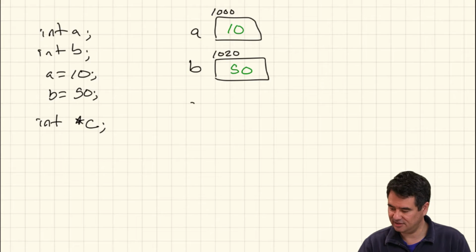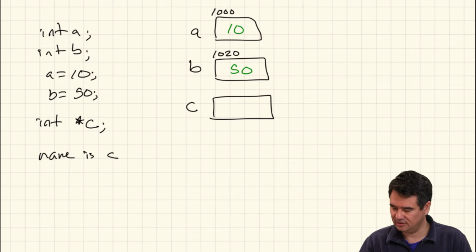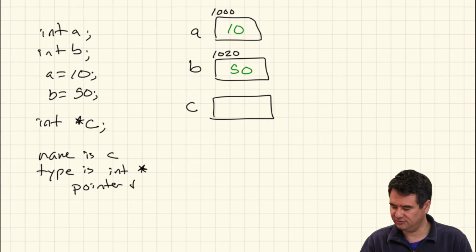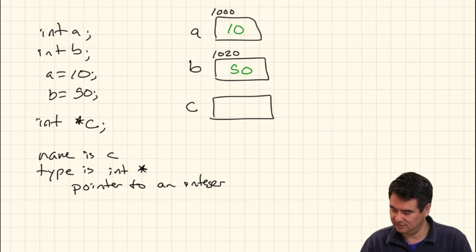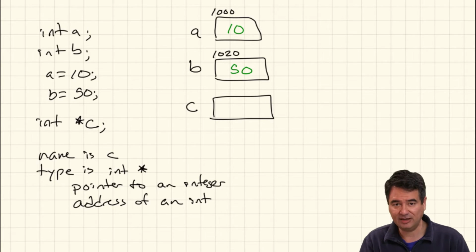And that means that the name of the variable is C, but the type is not int, but int pointer, which means pointer to an integer, or it could mean address of an integer. It could also mean a reference to an integer. There's a whole bunch of synonyms we can use, but its type is no longer integer.